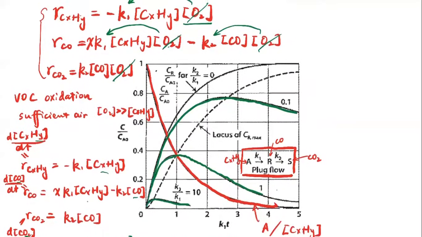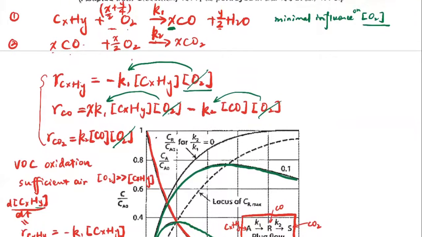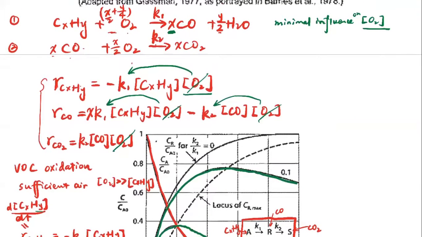If you look at the reactions that we listed here, this indeed makes sense, mainly because the species R, which is carbon monoxide, has to rely on the first reaction to form. And then once it's formed, it can further get consumed by the second reaction, which is oxidation.